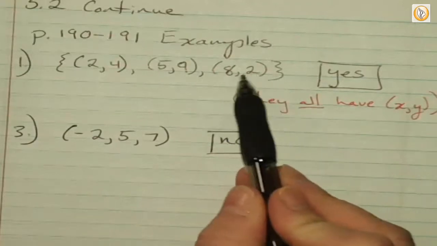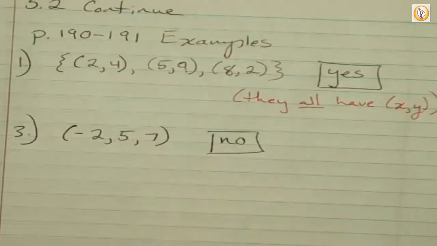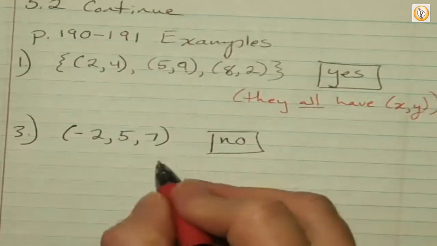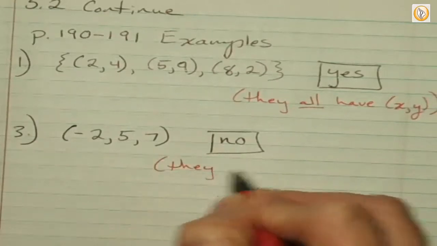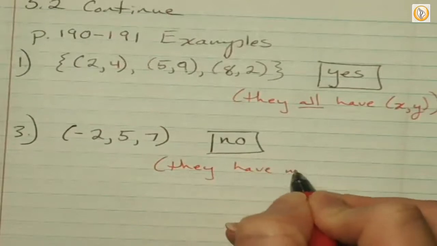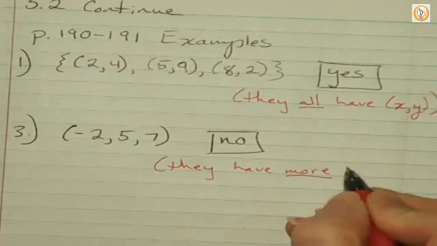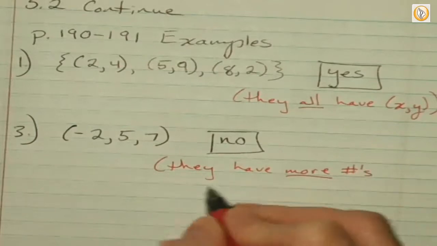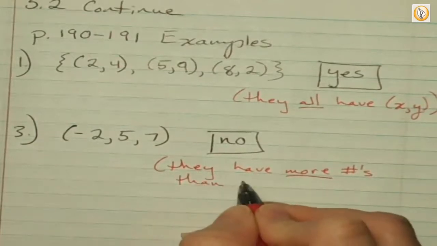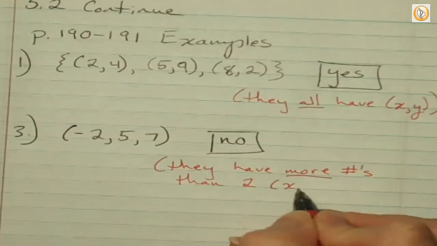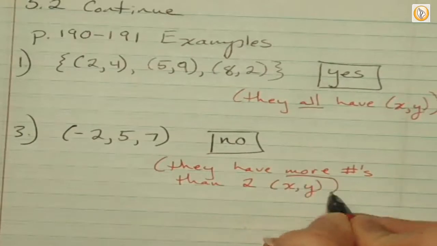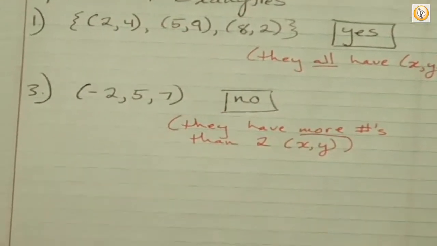When really we're supposed to have just 2, an X and a Y, like this. Exactly. So it's a no because they have more numbers than the 2 required for X and Y ordered pair. Exactly.